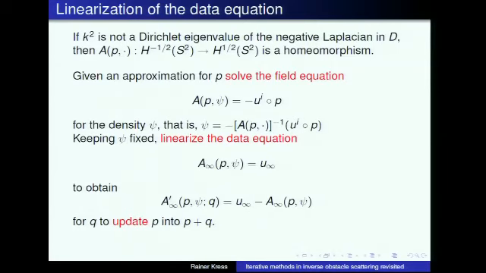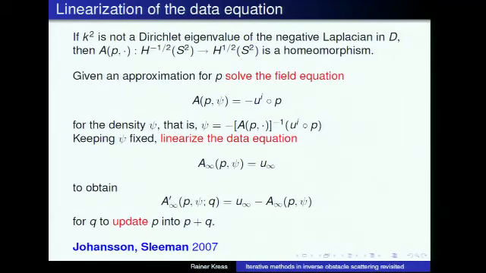So we get it by inverting this equation. It's possible. And then we keep this density fixed and linearize the data equation with respect to the boundary, and have a linear equation which we solve for Q in order to update P into Q plus P.